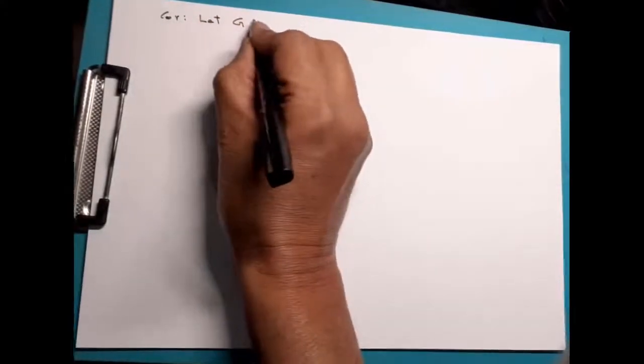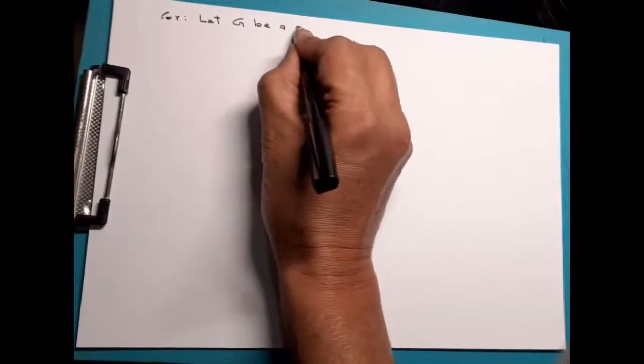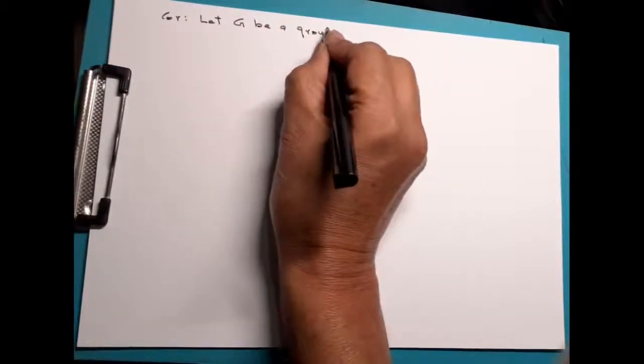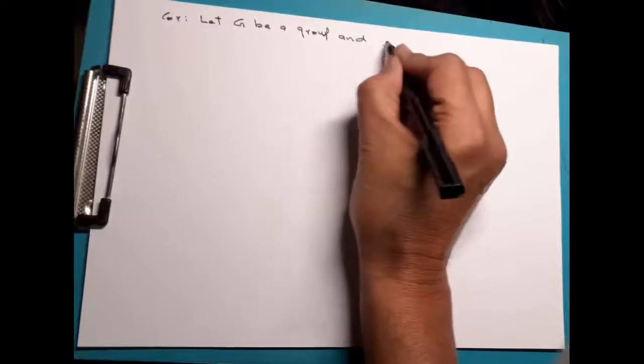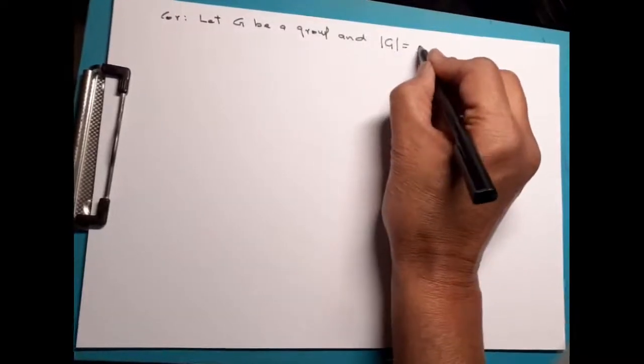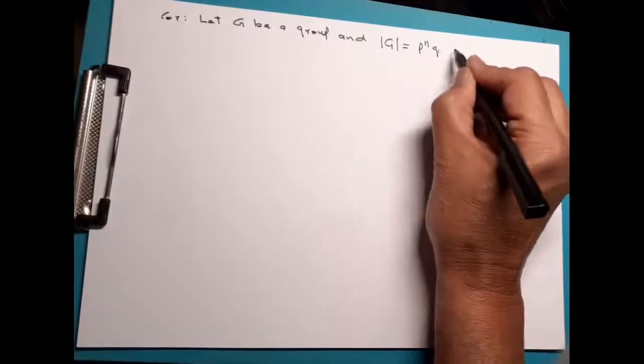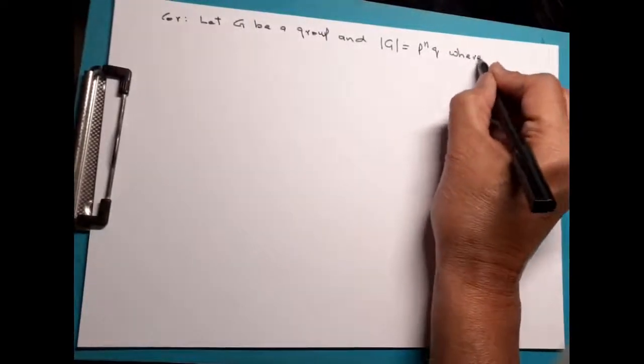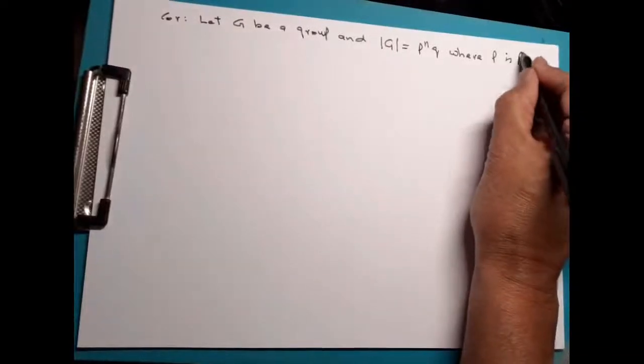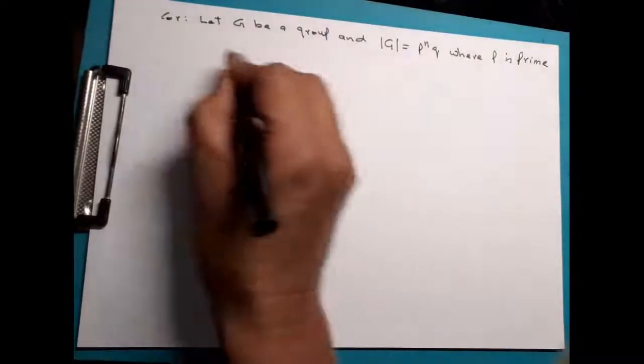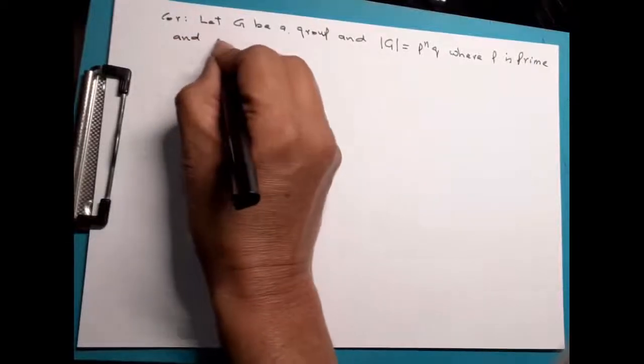Let's have a corollary about this particular theorem, and the corollary says that let G be a group and the order of G is equal to p raised to power n times q, where p is prime and p and q are co-prime.